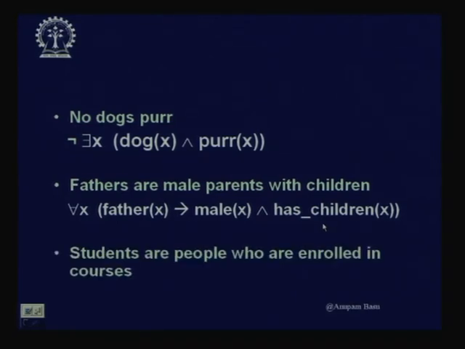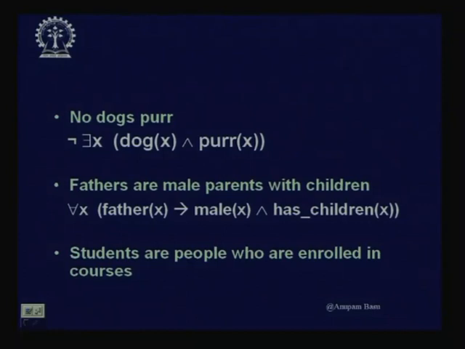Now, the next example that was there, students are people who are enrolled in courses. Now, you should be able to do that now. Try something like this, student x implies people x, etcetera, and put in the proper quantifier to that.